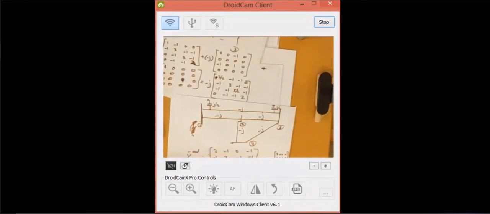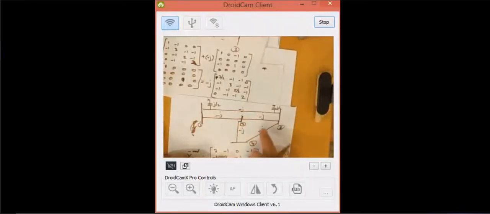Okay, total admittance to 2, so we have this 3. Common with 1, minus 1. Common with 3, minus 1. Common with 4, minus 1.